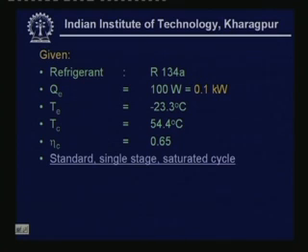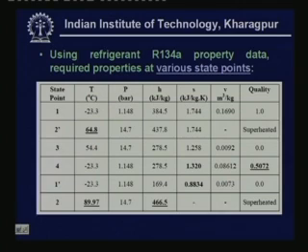So, this is the list. Information given is like this: refrigerant is R134A, refrigeration capacity is 100 watts or 0.1 kilowatts, evaporator temperature is minus 23.3 degrees centigrade, condensing temperature is 54.4 degrees centigrade, the isentropic efficiency of the compressor is 0.65, and it is mentioned that it is a standard single stage saturated cycle.